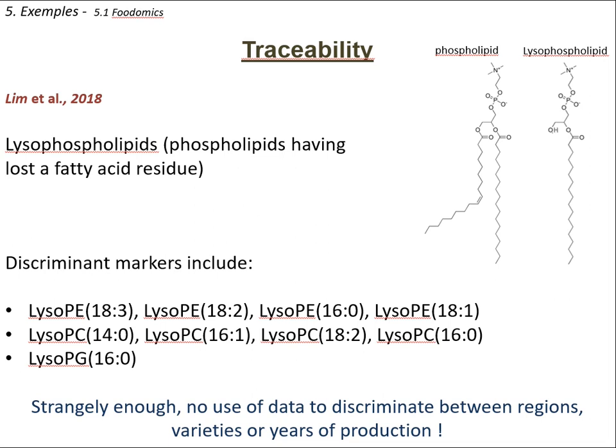So here are the different markers. Of course, there should be more statistics to validate these markers. It's not sufficient, what they did. And also, it is quite strange, but they didn't report any information about discriminating the regions. So maybe they didn't find strong markers of the region.